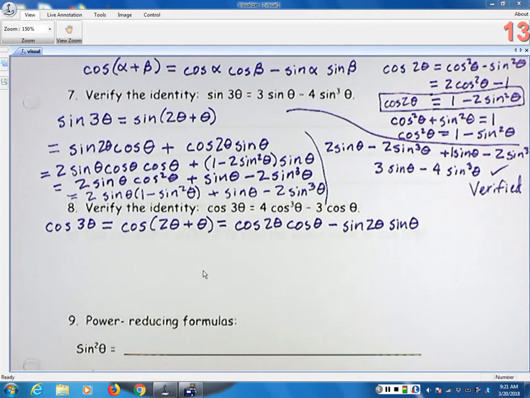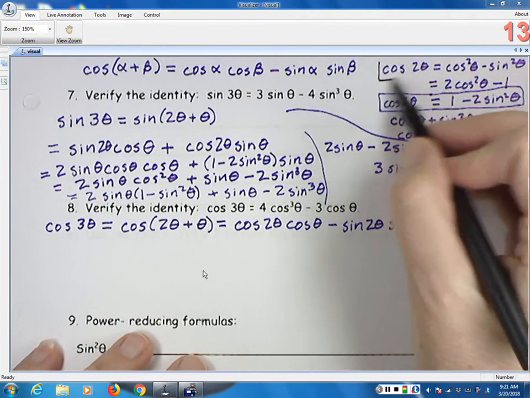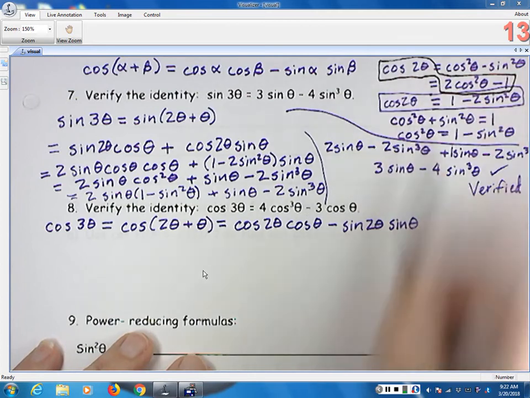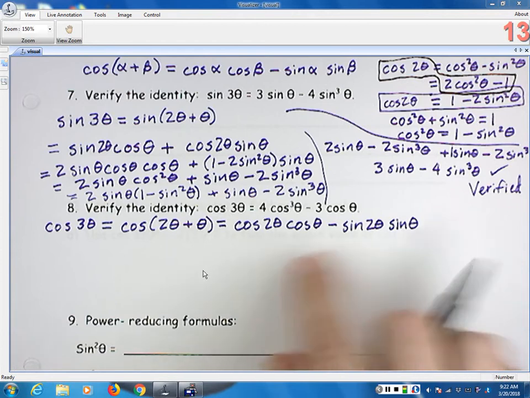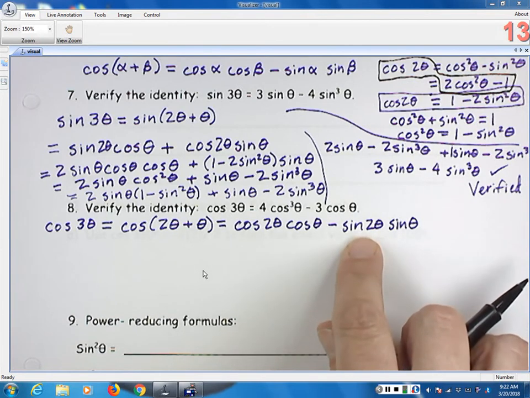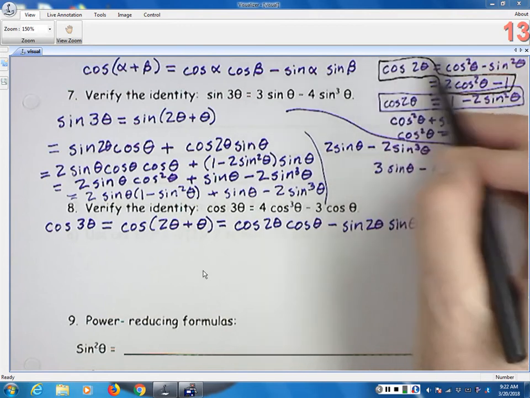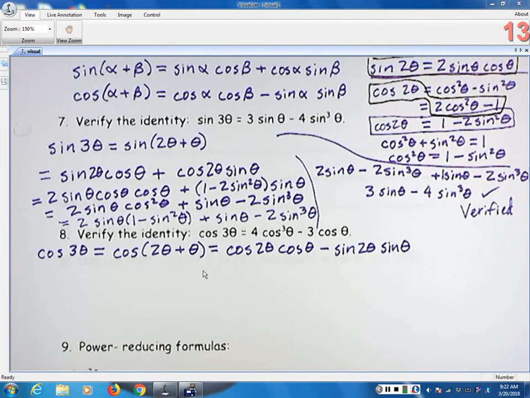So this time for cosine 2 theta, we want to pick this one. And for sine 2 theta, we're going to use this again. Oh, you can't see it. There we go.